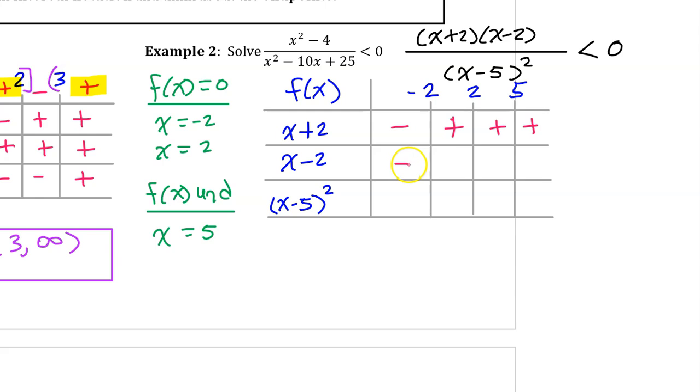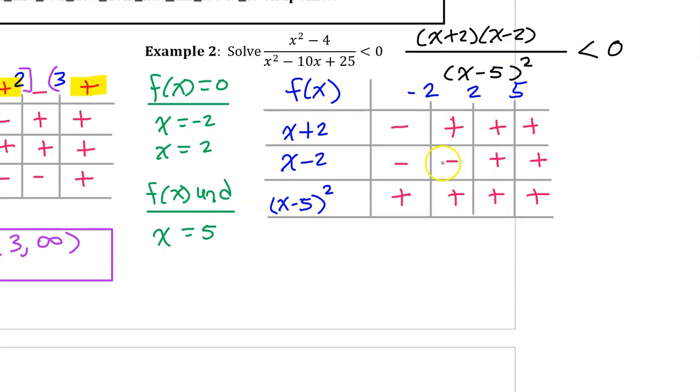This factor will be negative to the left and positive to the right. The x minus 5 squared gave us the 0 of 5. However, that doesn't really matter because this factor is being squared. Therefore, this factor will be positive in every interval. When you square even a negative number, it becomes positive.